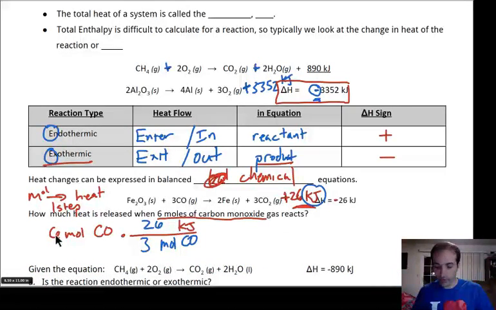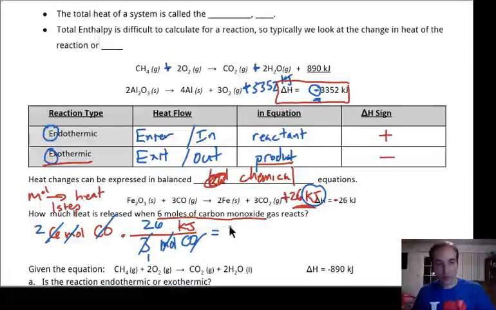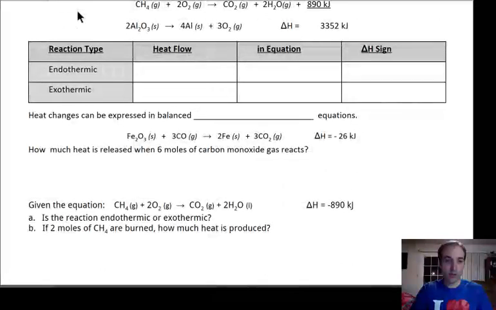The 6 and the 3 are going to reduce, so 3 is going to go to 1, 6 is going to become a 2, so we're left with 2 times 26, and moles of carbon monoxide cancel out, right? So 2 times 26 is going to give us 52 kilojoules. All right, so that's how we can use stoichiometry combined with thermochemistry to predict how much heat is going to be absorbed or released by a reaction.